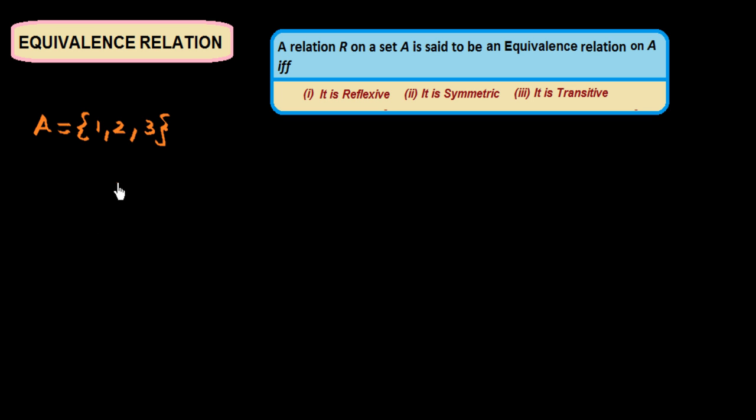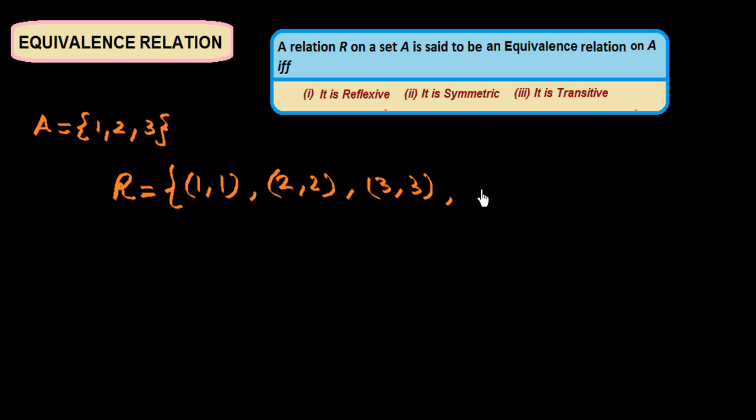and we see an equivalence relation like we have (1, 1), (2, 2), (3, 3), then we have (1, 2) and (2, 1).